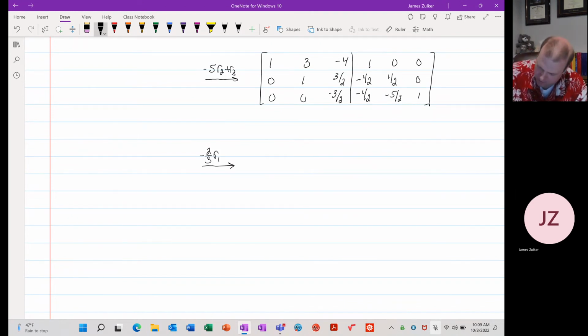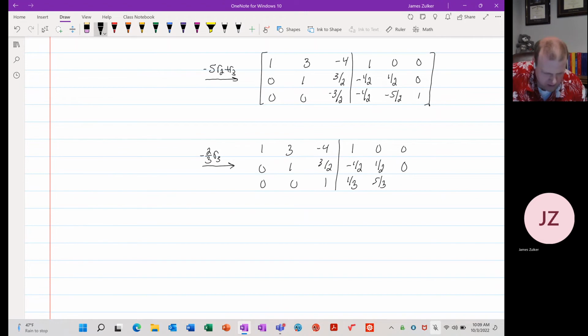Well, negative 2/3 row 3 will take care of that. And that is what we are left with.